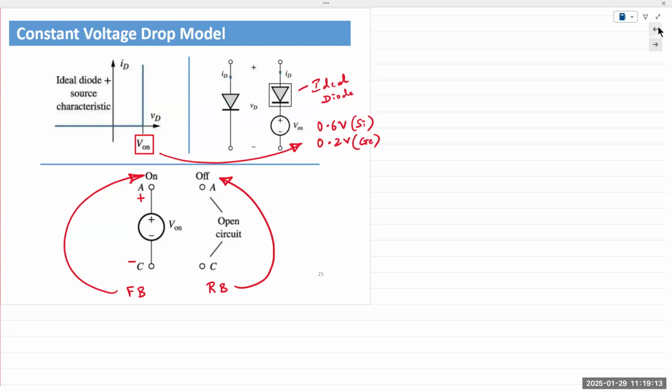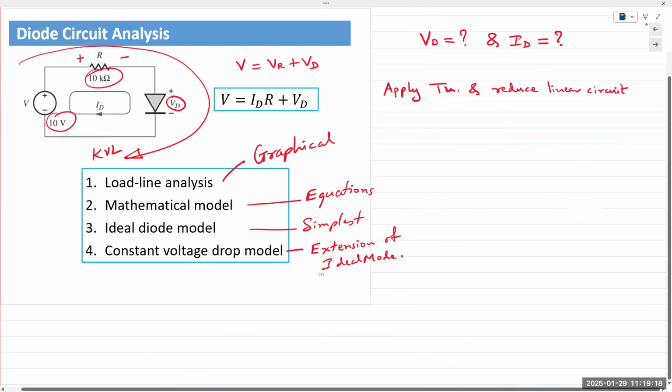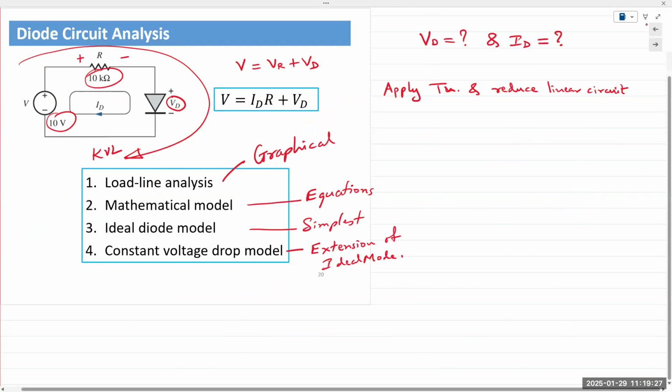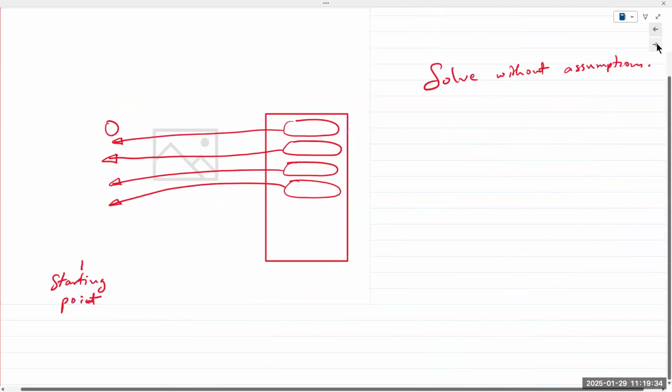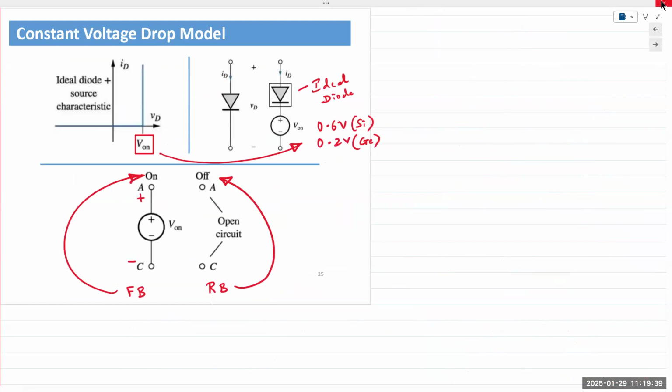So let's see here. We had this circuit, the single diode Thevenin equivalent circuit with one voltage source and one resistor supplying energy to that diode. Let's say I'm analyzing this circuit using the ideal diode analysis.